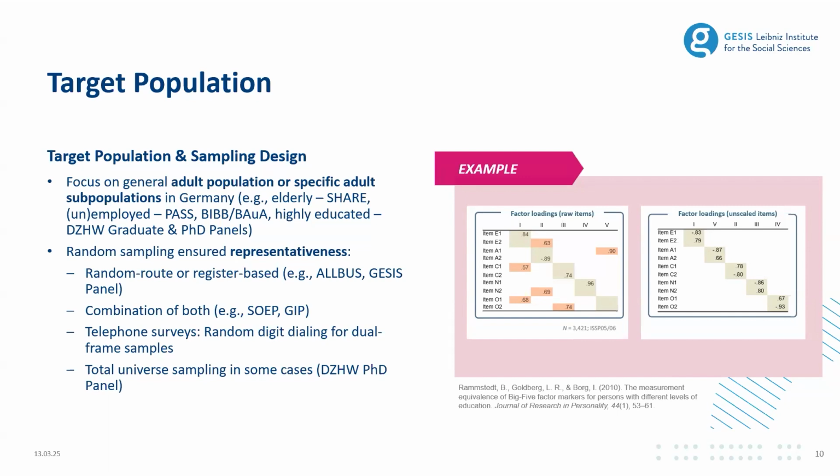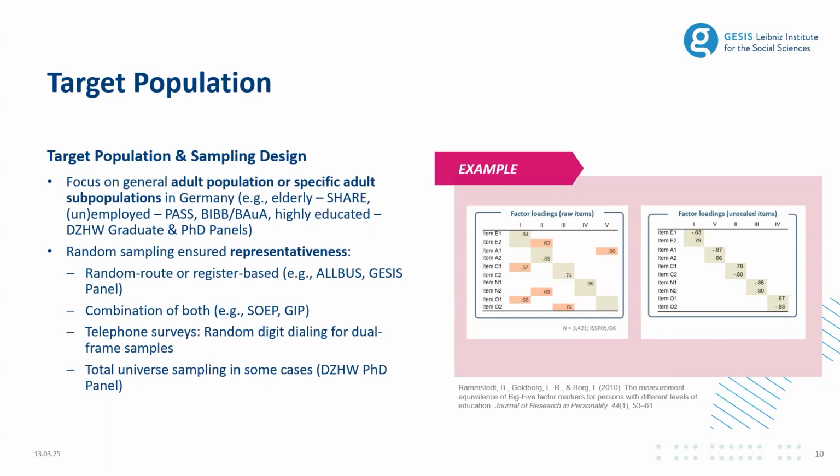We compared the psychometric properties across different educational groups, and we found that in lower educated groups, the measurement quality was much weaker and did not lead to the ideal factor structure compared to higher educated groups, who are similarly educated to the typical Psych 101 students drawn in personality research.